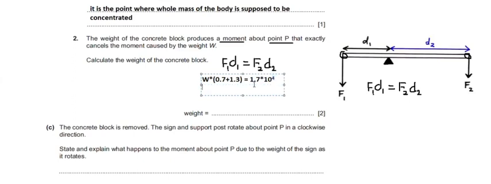So here we can calculate this remaining part. This is weight W multiplied by 0.7 plus 1.3, that is nothing but 2, is equal to 1.7 into 10 raised to 4.